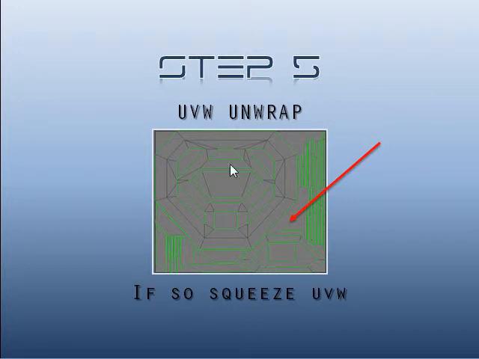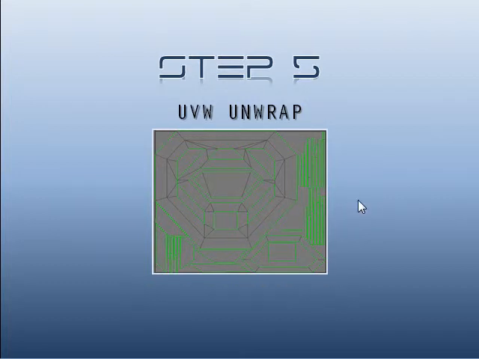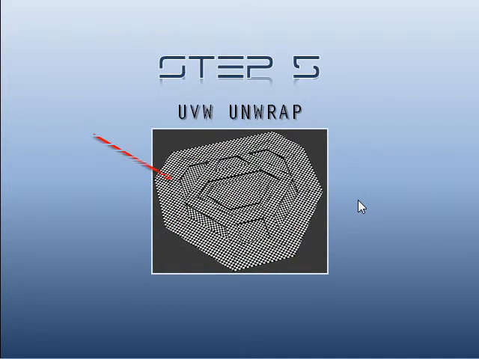So anyway, after you laid out your UV, you need to make sure that it is actually looking good in Max. What I always do is apply a checker map texture on it.